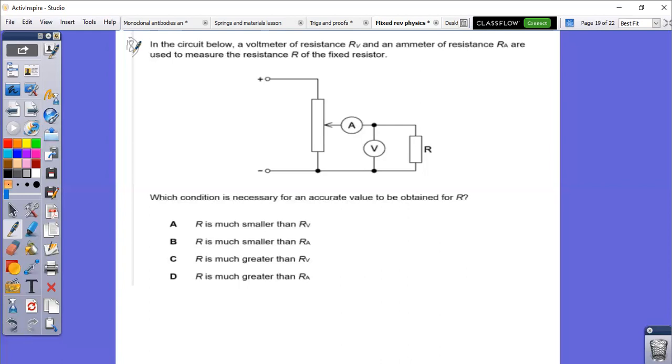Is it A because R is parallel to the voltmeter? That's not the reason why, but it is A. Okay, it is absolutely A, but it's not the reason why.